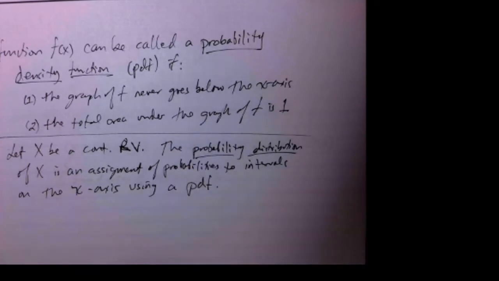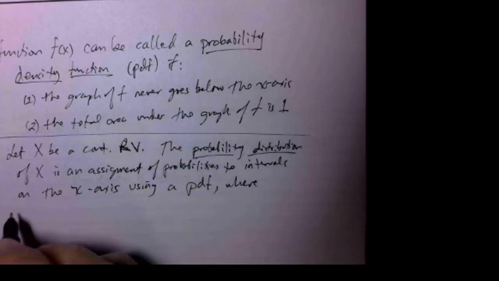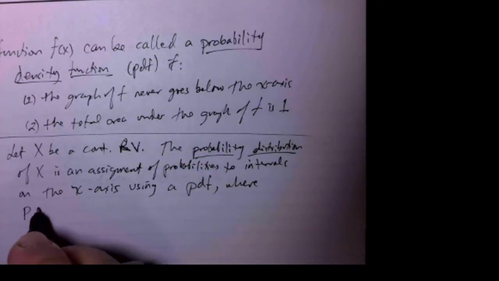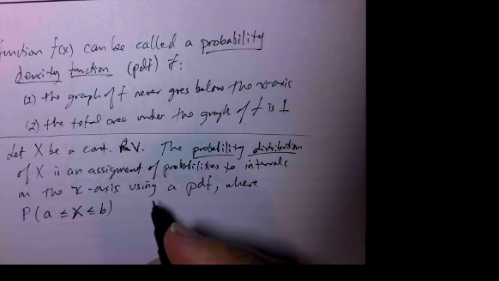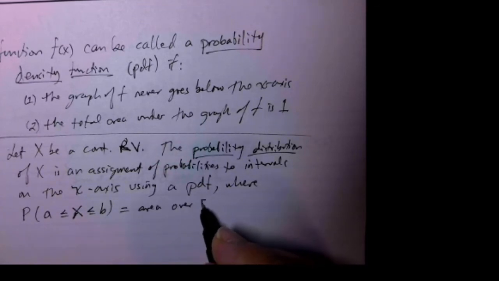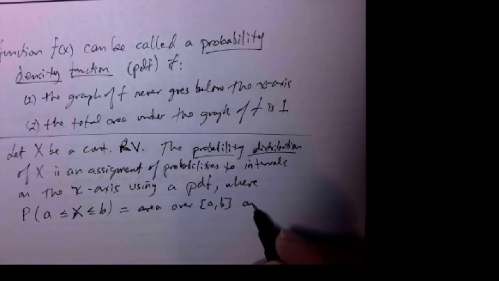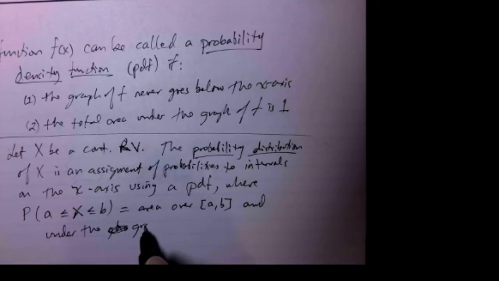That kind of function we just talked about, where the probability that a is less than or equal to X is less than or equal to b, that's the probability that the value of X is in some interval ab, is equal to the area over the interval ab and under the graph of f.